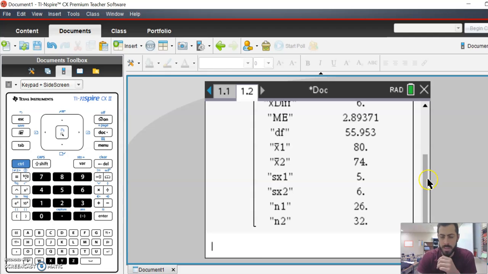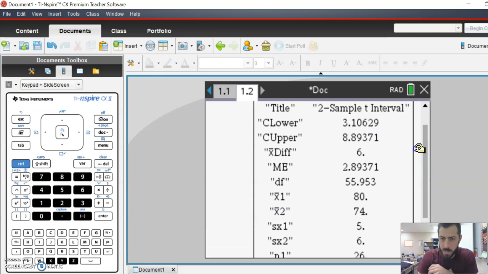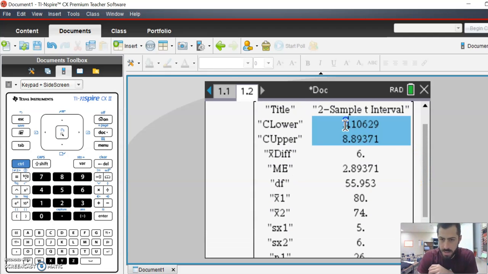And it tells us a whole bunch of information, but the information we're actually interested in is this part up here on the top right, our lower bound and our upper bound for our interval. So that's the information we're actually interested in. Let me go ahead and write it down real quick so I can minimize the screen. 3.1 and 8.9. All right.